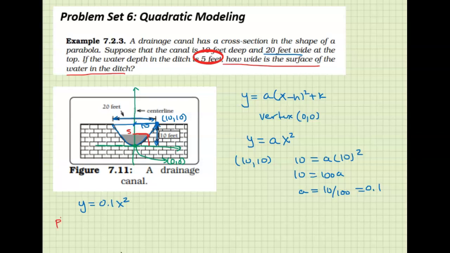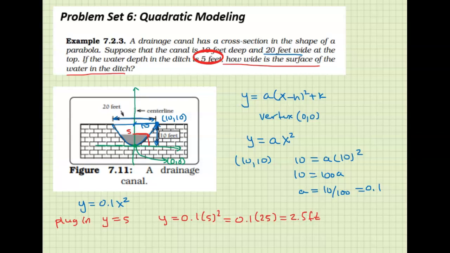So we plug in: 5 equals 0.1 times x squared.